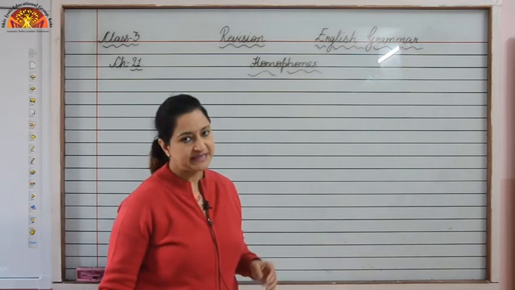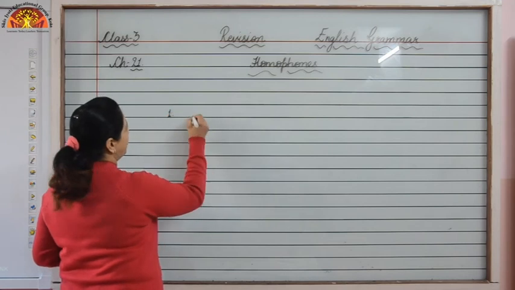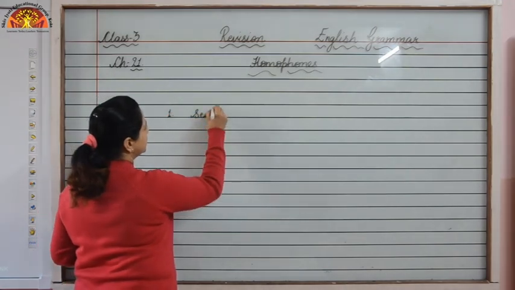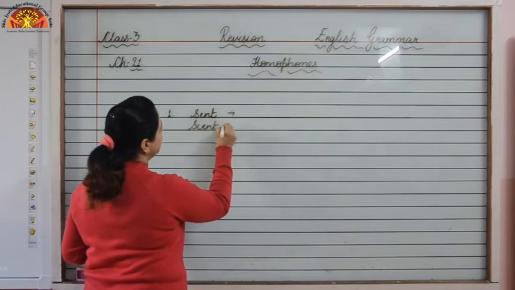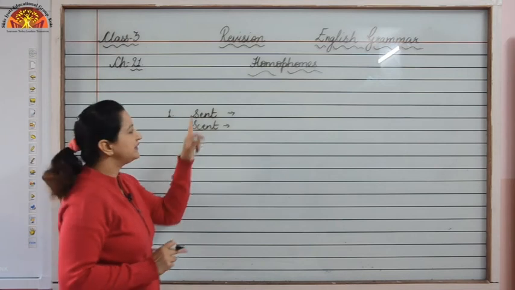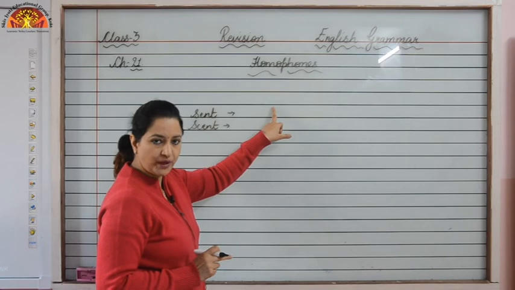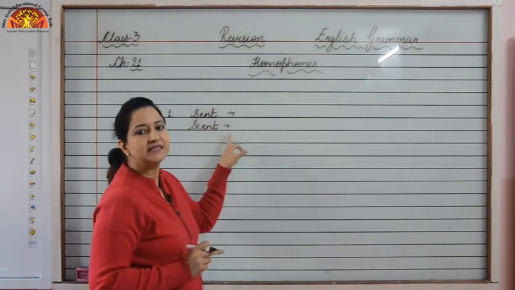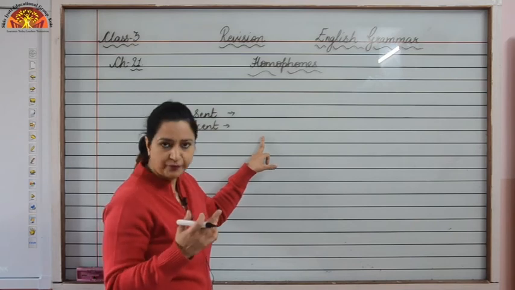Now let's see with examples. Let's talk about scent. Here two scent are there. It is also scent, this is also scent, but this scent is the past tense of send, and this scent is a fragrance, or you can say a smell or a perfume.